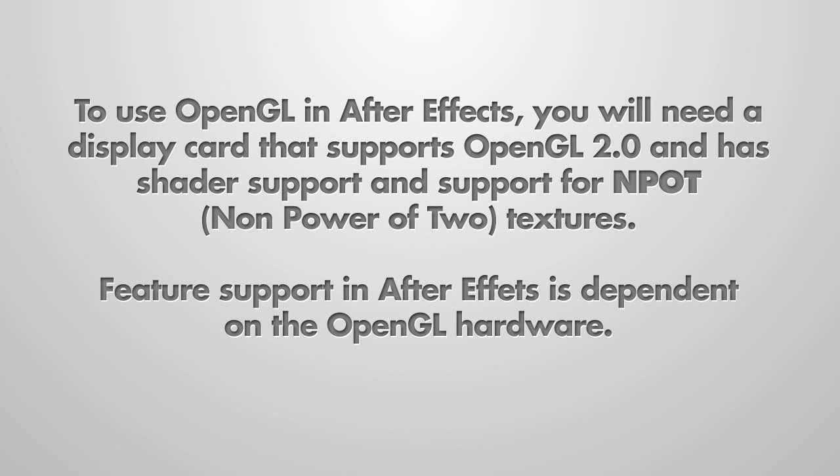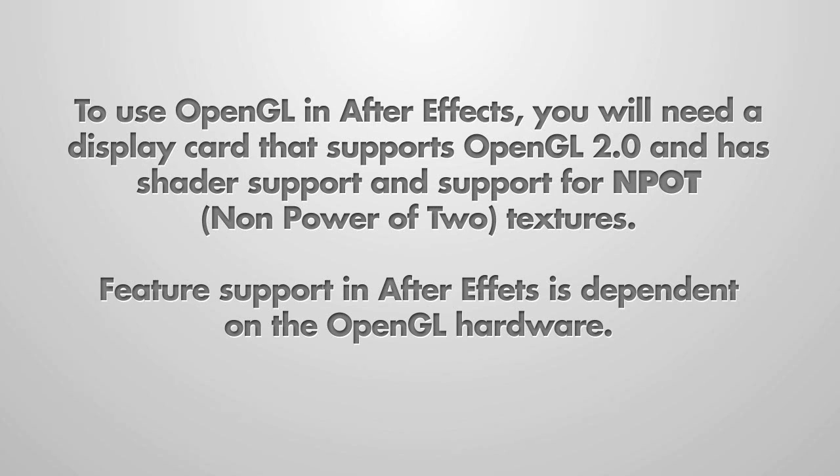To use OpenGL in After Effects, you need a display card that supports OpenGL 2.0 and has shader support and support for NPOT, or non-power of 2 textures. Feature support in After Effects is dependent on the OpenGL hardware.